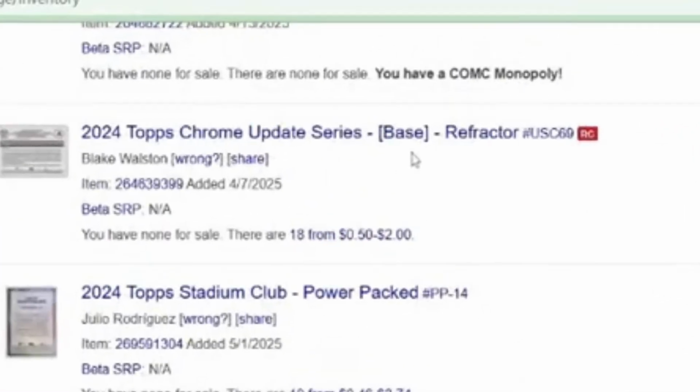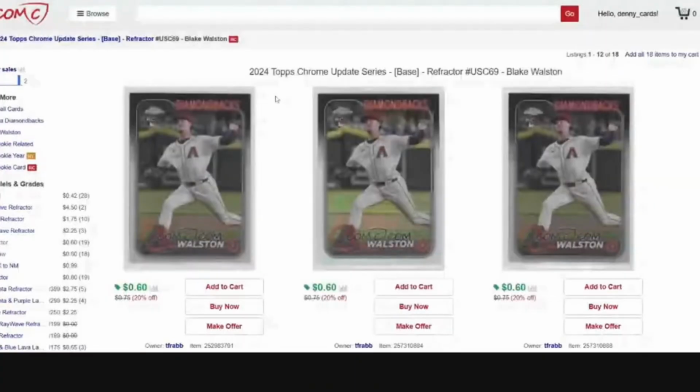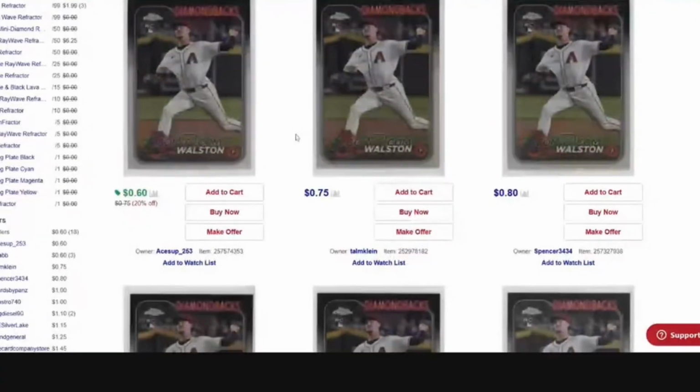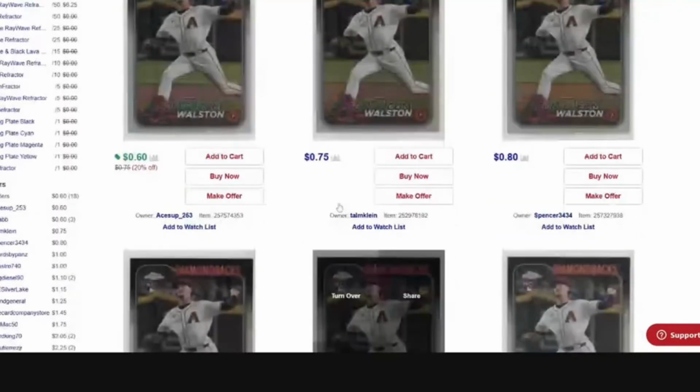Okay, here we go. Now, baseball. We have here a Blake Walton 2024 Topps Chrome Update Series. There's 18 from 50 cents to $2. So I'll have to be between those two numbers. 60, 60, 60, 60, 75, 70, 80. Ooh, man, tough competition. You know what? This one, just to see if I can get a quick sale.